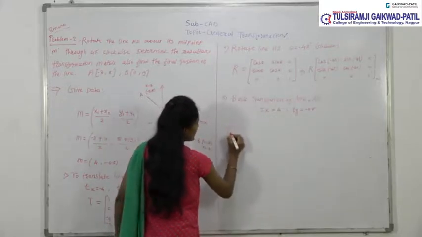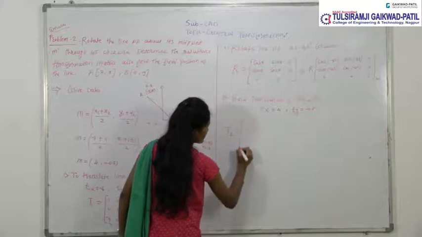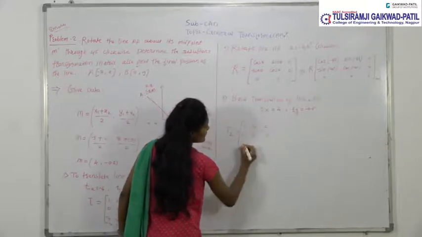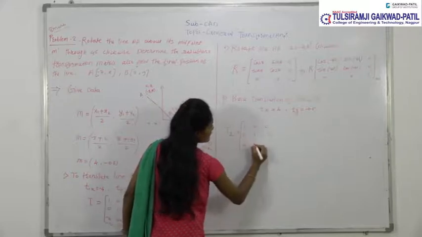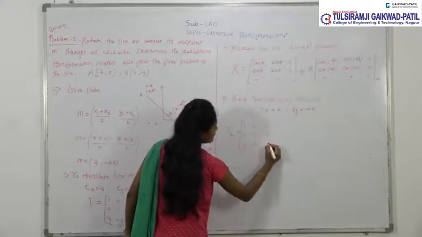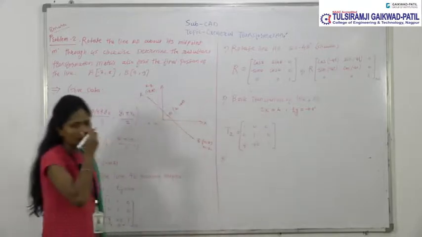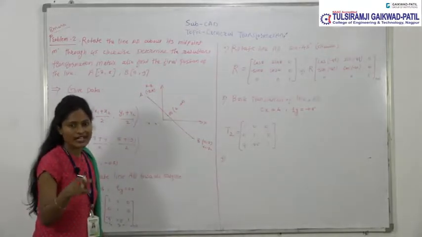Now the standard matrix for translation is 1 0 0, 0 1 0, Tx here is 4, Ty here is minus 0.5 and 1. So here we have done the rotation of the line AB.